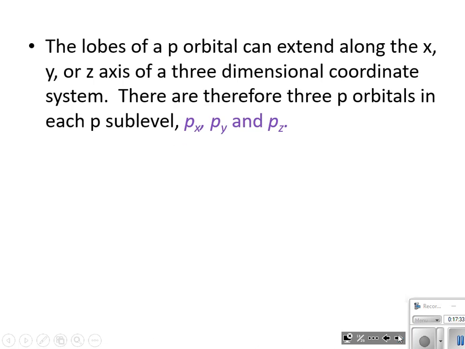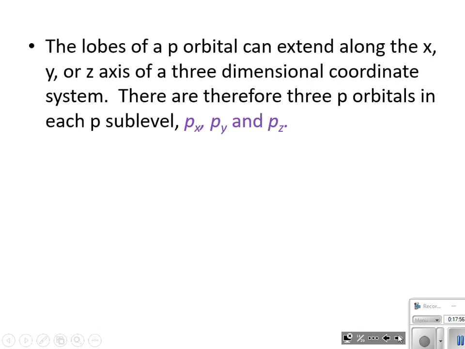So, if I look at those 3 p orbitals, I can say, well, they are oriented in 3 different ways. They extend along the x-axis, the y-axis, and the z-axis if we're looking at a 3-dimensional coordinate system like graphing.